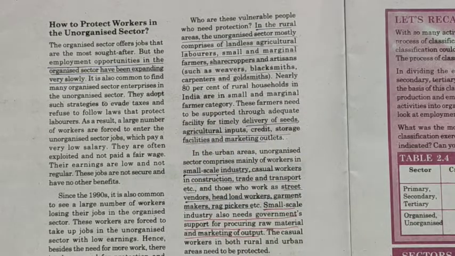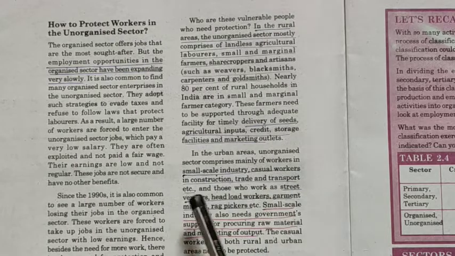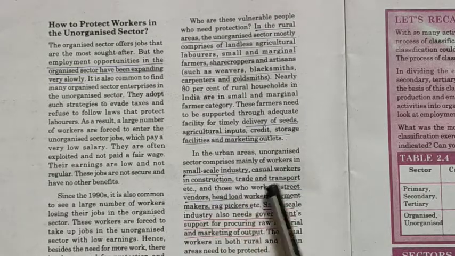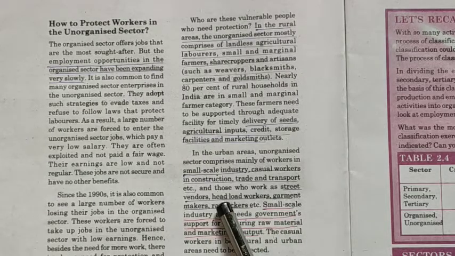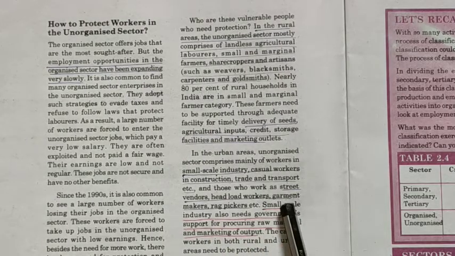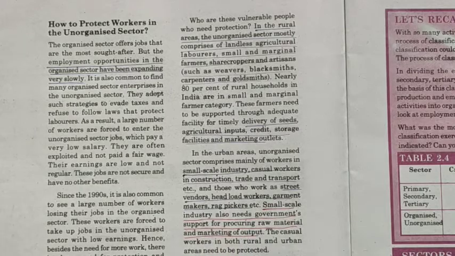And in urban areas, they are workers in small-scale industry, casual workers in construction, trade and transport, etc. and those who work as street vendors, head load workers, garment makers, rag pickers, etc.